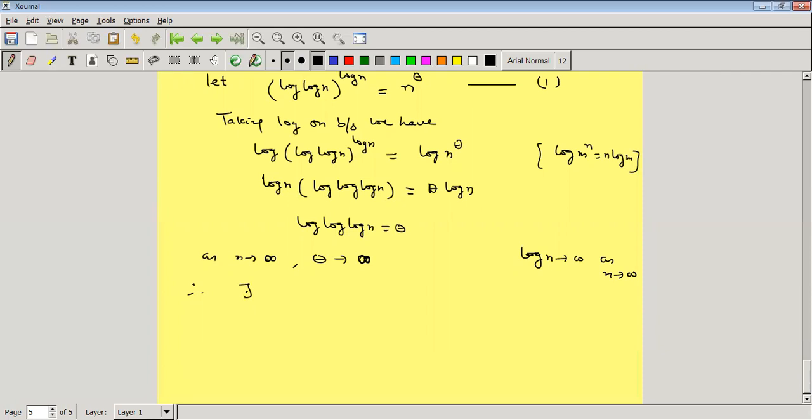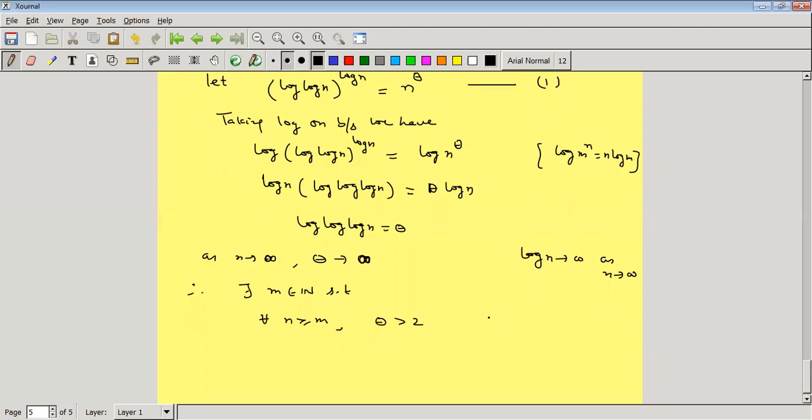It means there exists a positive number m belonging to N such that for all n greater than or equal to m, we have theta greater than 2.